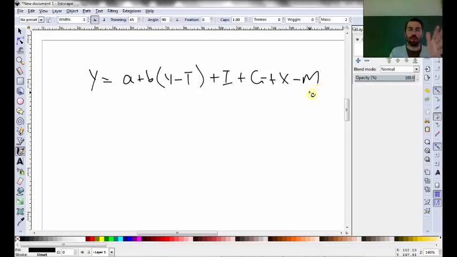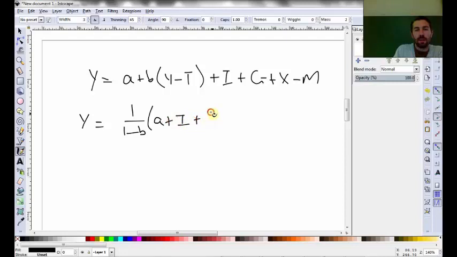There's no marginal propensity to consume on imports, no tax rate. I'm just going to have a lump sum tax to make our lives easier. What do we end up with when we rearrange this equation? We have y equals 1 over 1 minus b times (a plus I plus g minus bt plus x minus m).